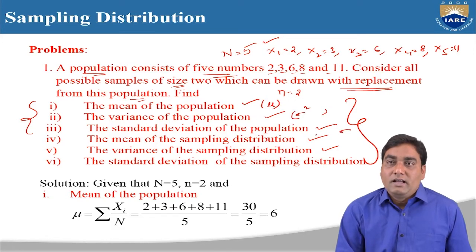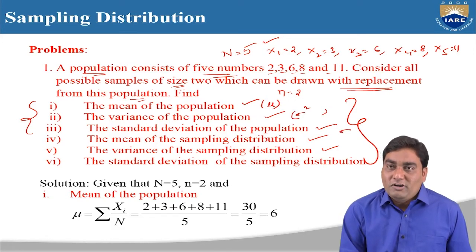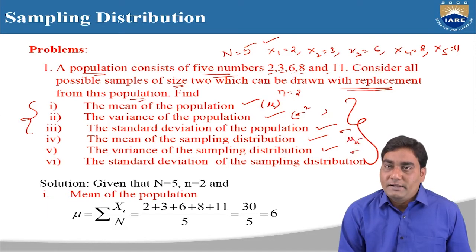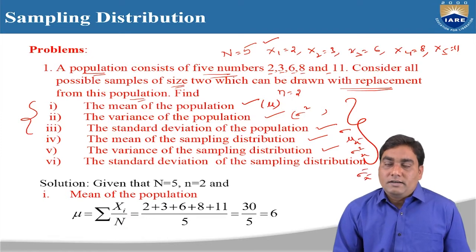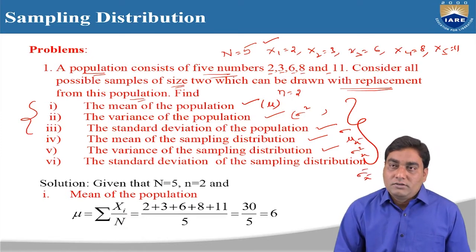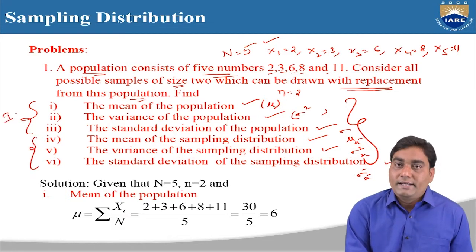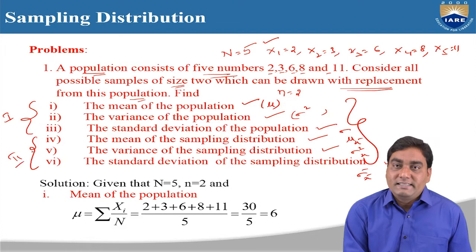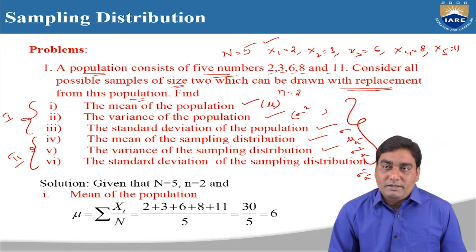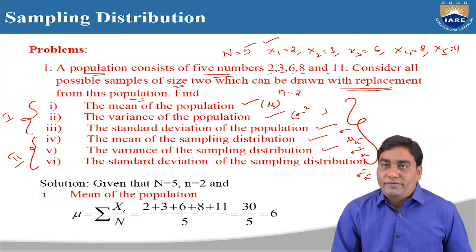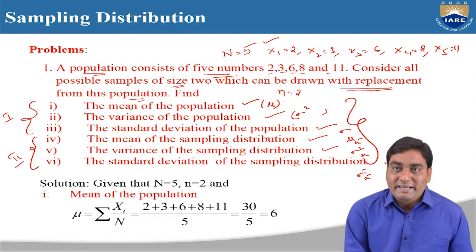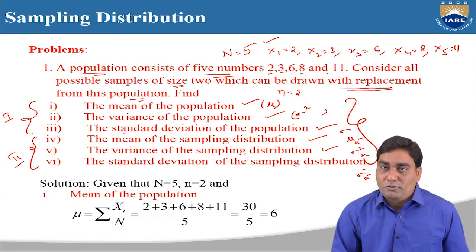Next, the mean of the sampling distribution mu x bar, variance of the sampling distribution sigma square x bar, and standard deviation of the sampling distribution sigma x bar. These first 3 relate to the population and the second 3 relate to the sampling distribution. First, we are going to find out the first 3 parts: mean, variance and standard deviation of the population.